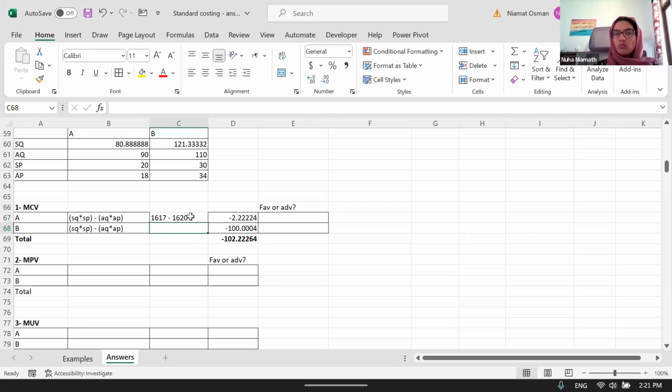Okay, so just to give you more clarity, this is the standard and this is the actual. So Jasnath says adverse.